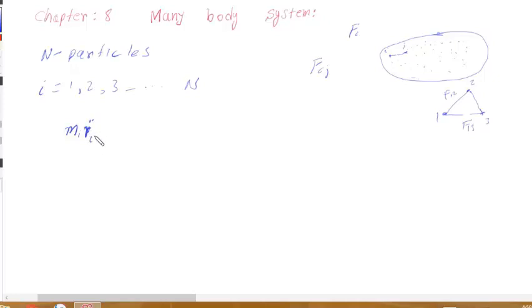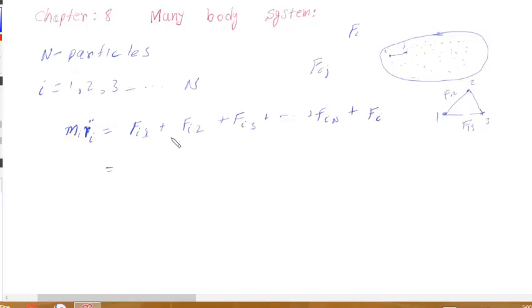Then the equation of motion can be written as mi r double dot i, this is the acceleration, equal to Fi1 plus Fi2, this is the force on the ith particle due to all the other particles, plus Fi3 and up to Fin, plus the external force outside this system, Fi.